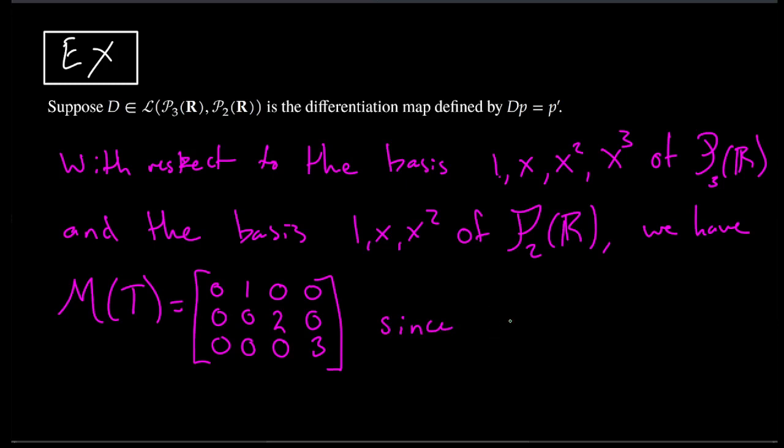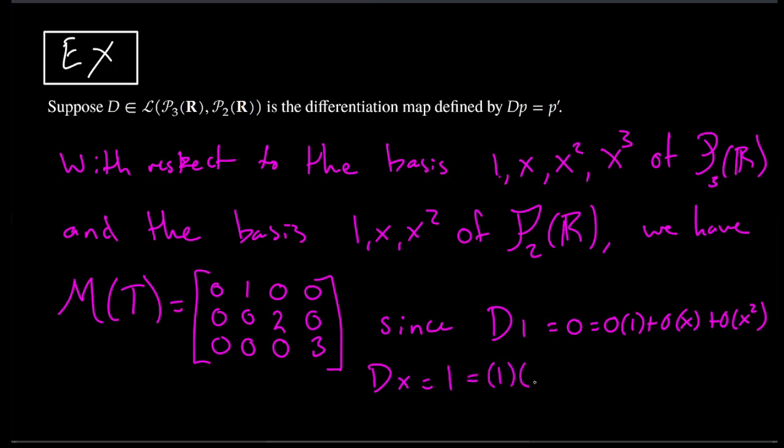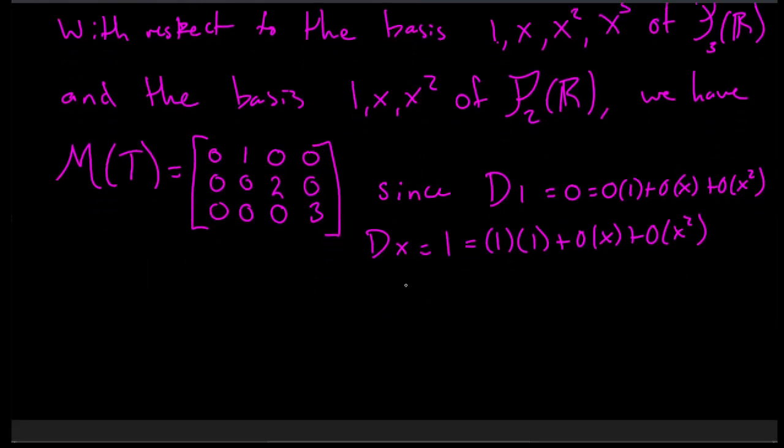And if you want to see this, the idea is that you take D of 1, you get back 0, which is just 0 times 1 plus 0 times x plus 0 times x squared. Then similarly, D of x is 1, which is 1 times 1 plus 0 times x plus 0 times x squared. All right, cool.